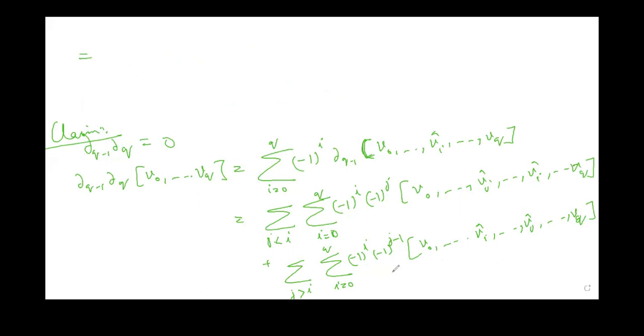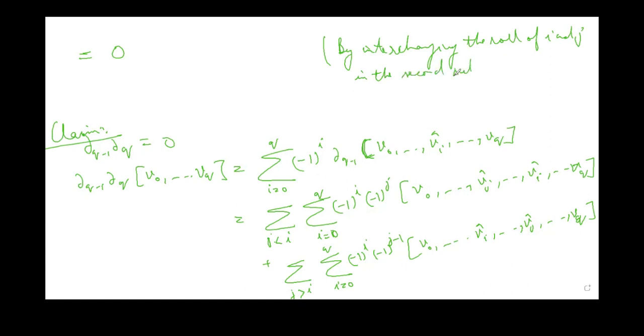Now, if we interchange the roles of i and j in the second summation, we get the negative of the first summation.